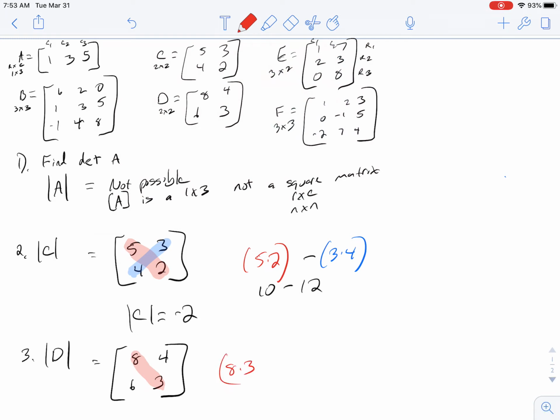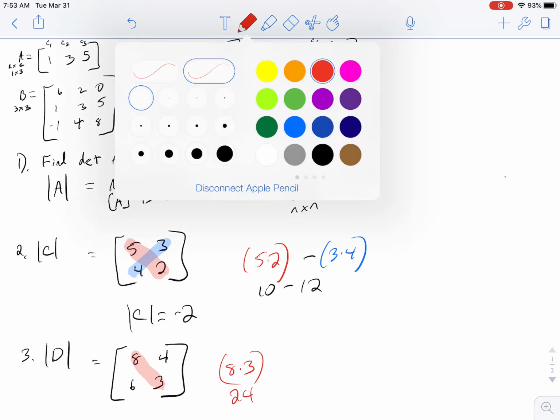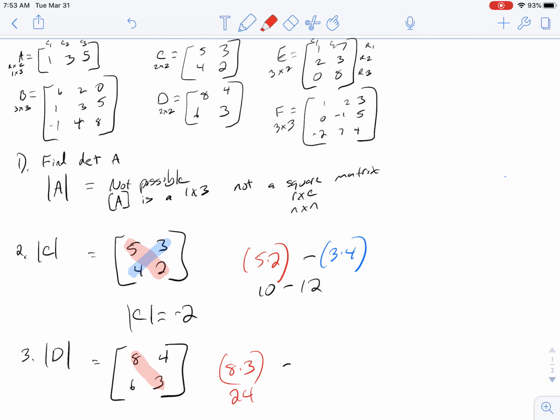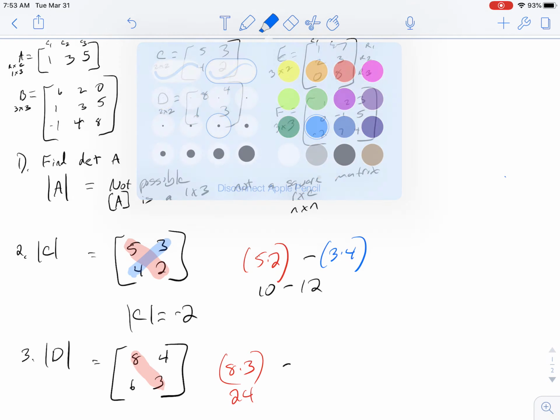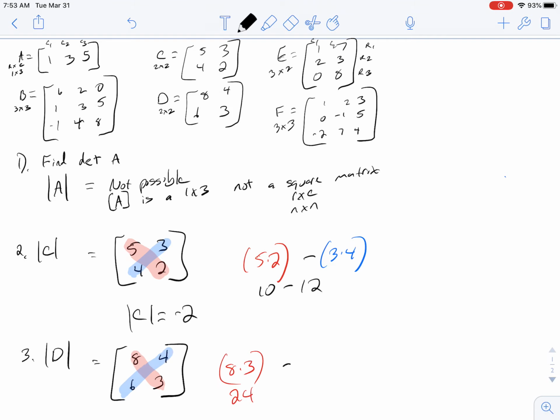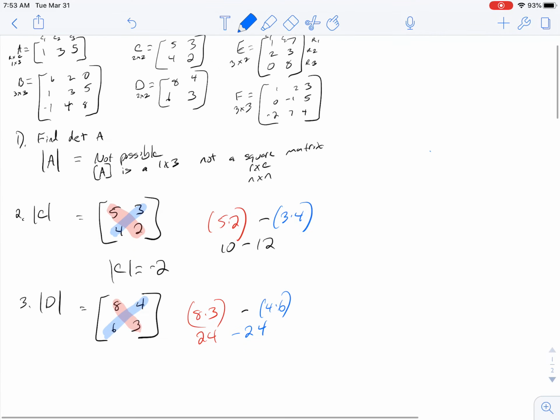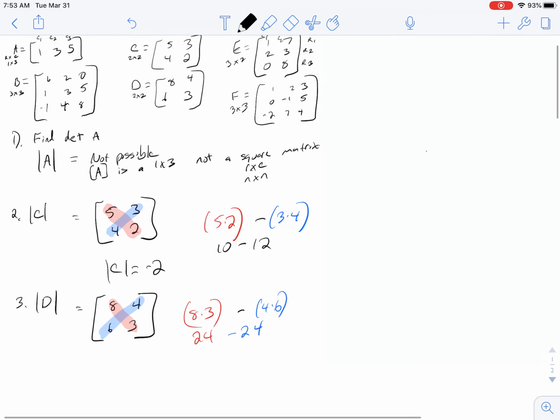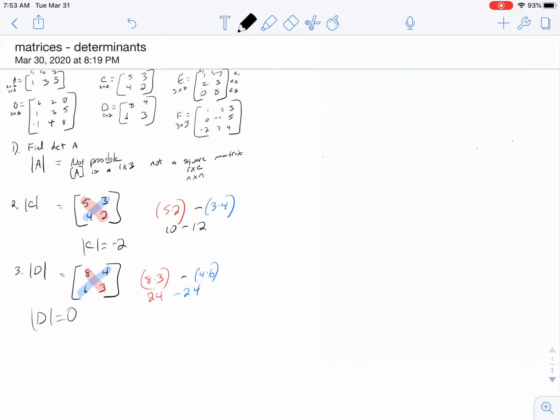The product would obviously be 24. And then you're going to subtract it from the second diagonal, which is 4 times 6. That particular diagonal produces a product of 24 as well. So in this case, the determinant of matrix D is equal to 0.